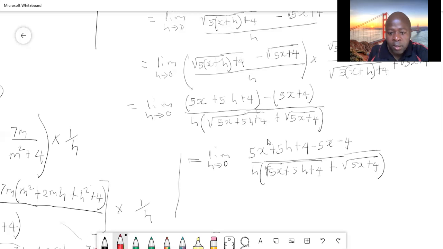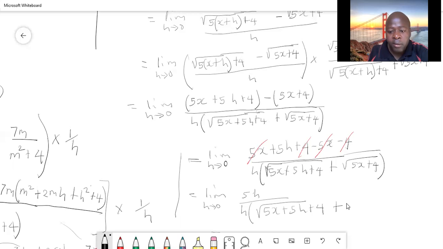At this point, you notice that this and this will give us 0, and then this and this will give us 0. So we are left with the limit as h tends to 0 of 5h over h multiplied by root 5x plus 5h plus 4 plus root 5x plus 4, so that this h and this h go.